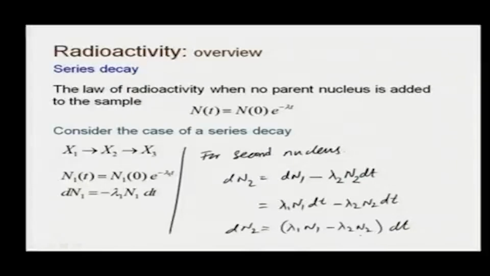Note that I have not added a minus sign when I wrote dN1, because here we are not considering the number of dN which are decaying. It is true that numerically it is equal to that, but we are actually considering the other way around, that is, the number of x2 nuclei which are added to the sample, which are produced.